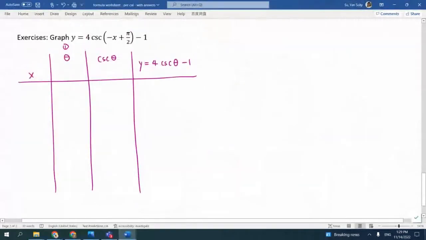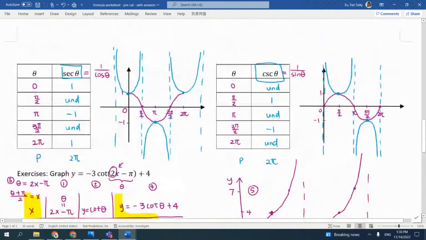So 0, pi over 2, pi, 3 pi over 2, and 2 pi. What are the cosecant values? What's the cosecant values? You get what? Cosecant, right here.